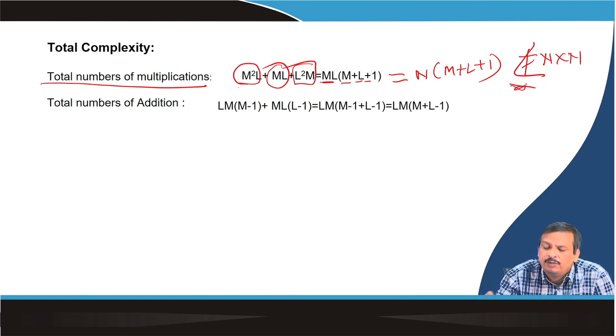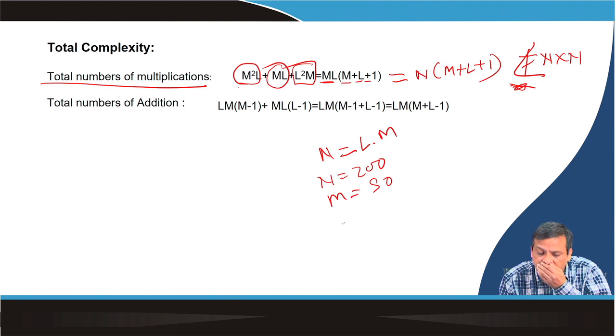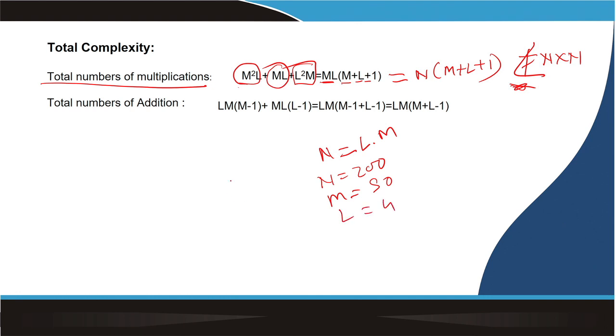Why? Because if I say N is not a prime number, it can be divided into L into M. So let us say N is equal to 200, whatever example I have given. M is equal to, let us say, 50, then L is equal to 4. If it is N square, then it is 200 into 200.